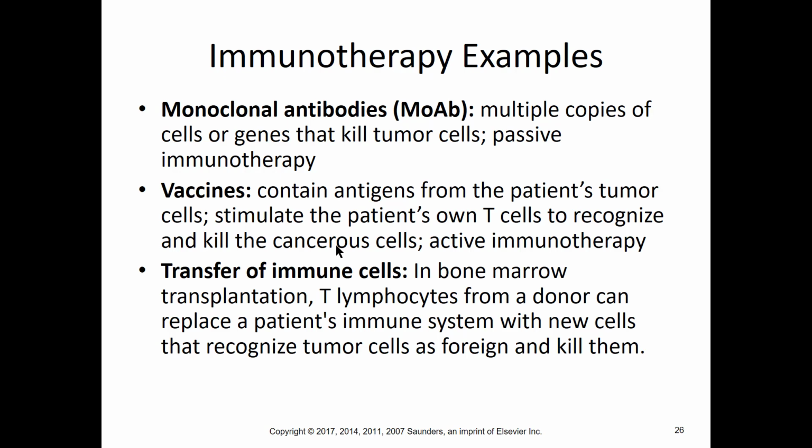That's called active immunotherapy. Transfer of immune cells: in bone marrow transplantation, T lymphocytes from a donor can replace a patient's immune system with new cells that recognize tumor cells as foreign and kill them. So, those are some immunotherapy examples.